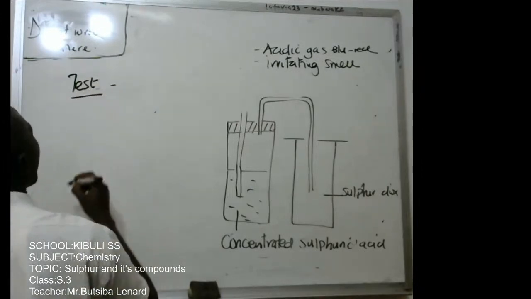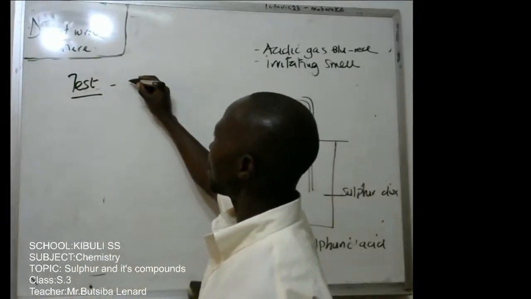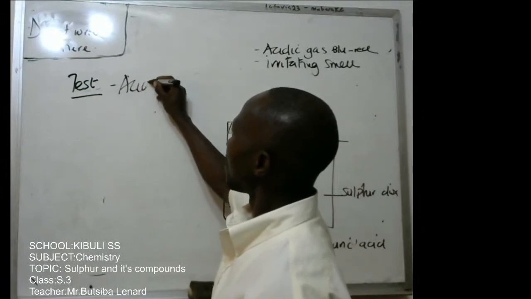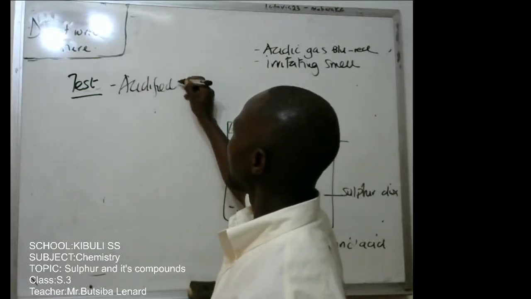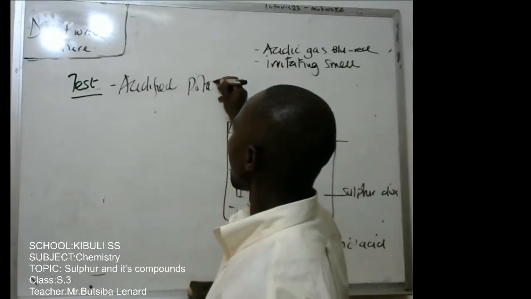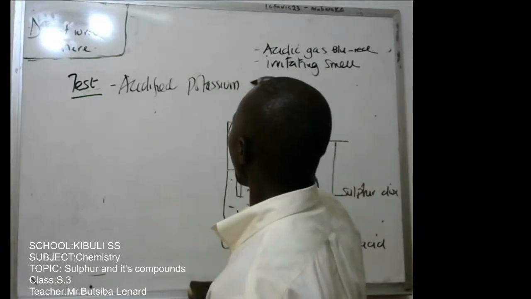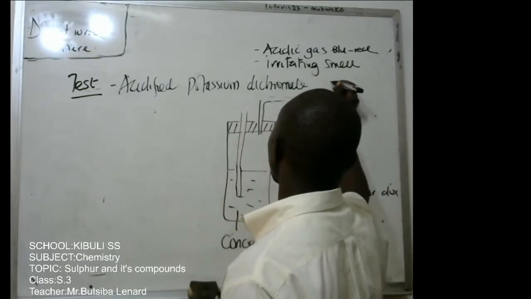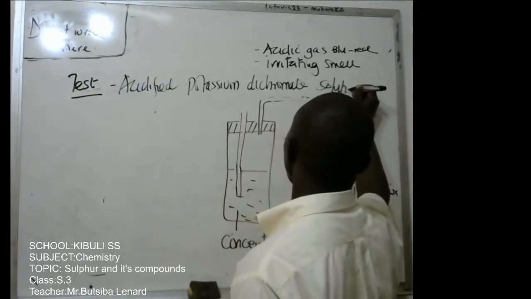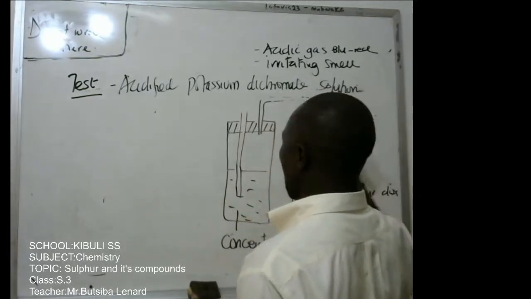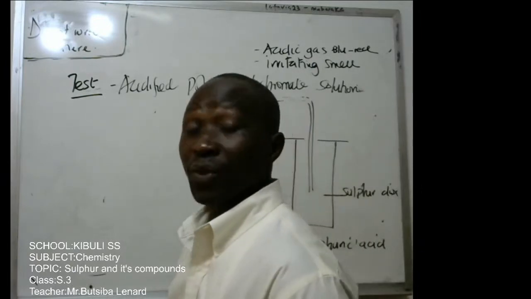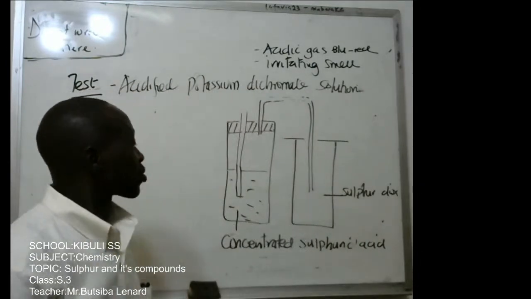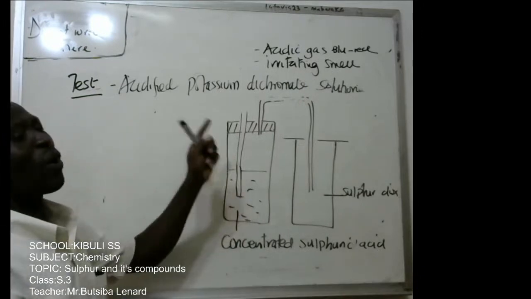Equation we wrote. We test for sulfur dioxide using acidified potassium dichromate solution. My dear students of O level, we don't want you to strain yourself with technical details of what happens.